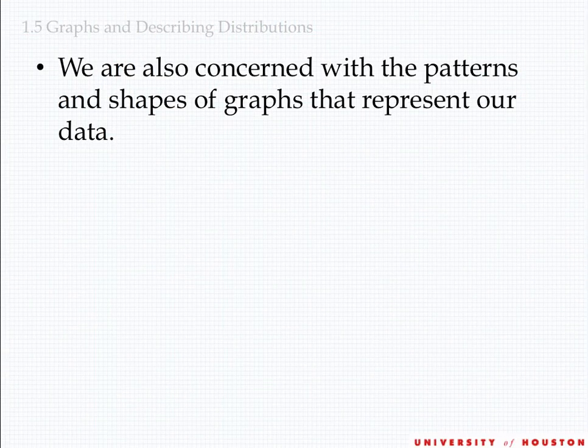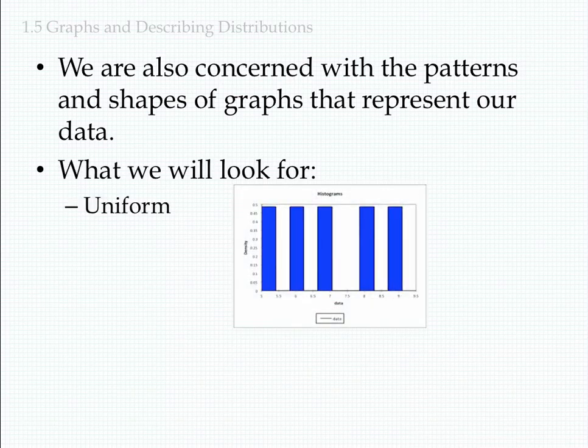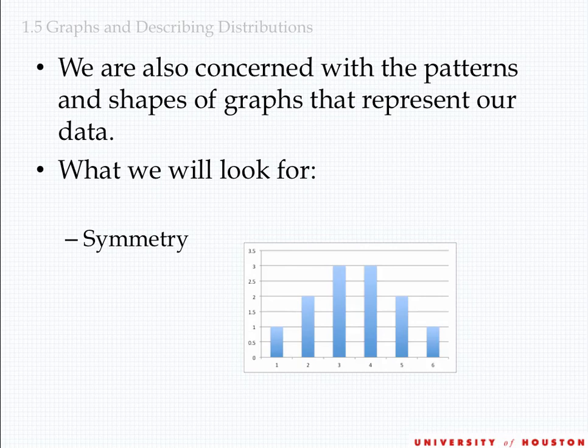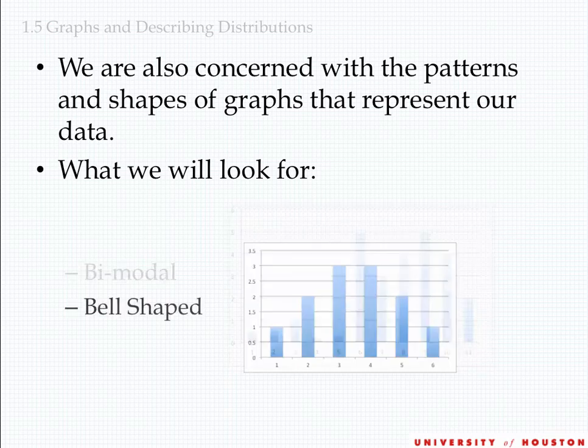Now we're also concerned with the patterns and shapes of graphs that represent our data. What we will look for is uniformity. Is our graph roughly the same all the way across? Symmetry. We have data that's symmetric about our median. Bimodal. Do we have a graph that shows more than one mode? Bell-shaped.